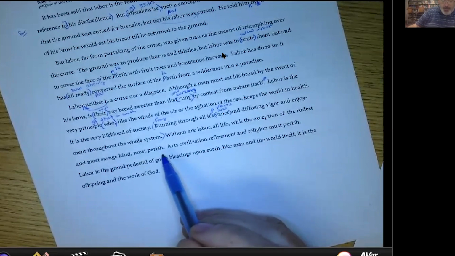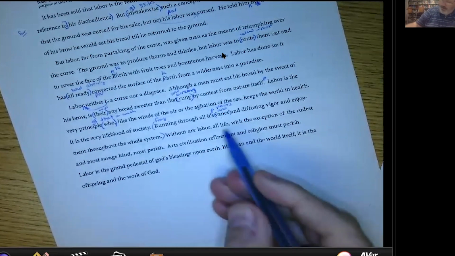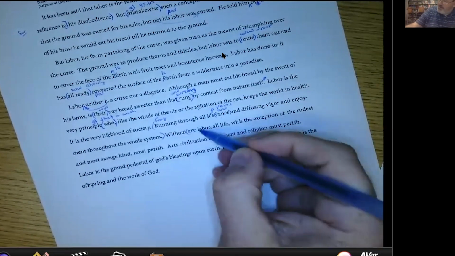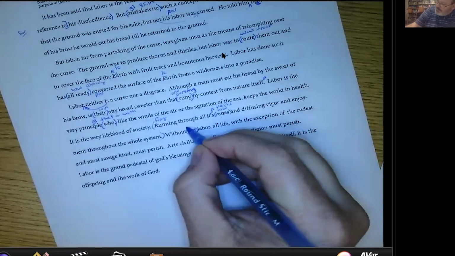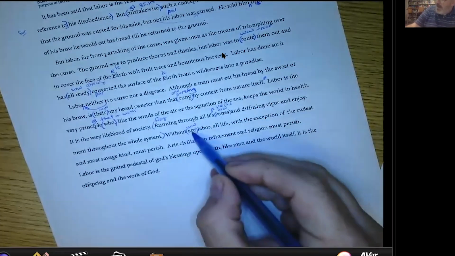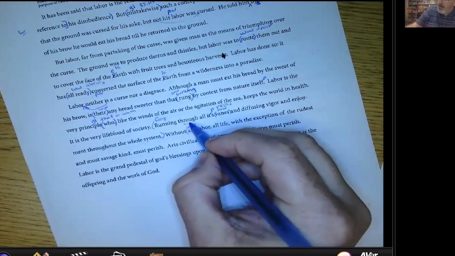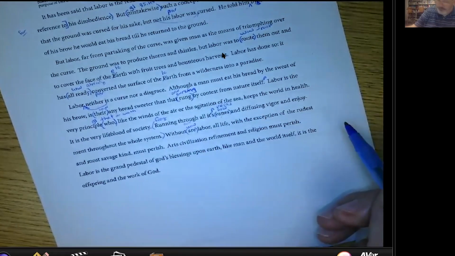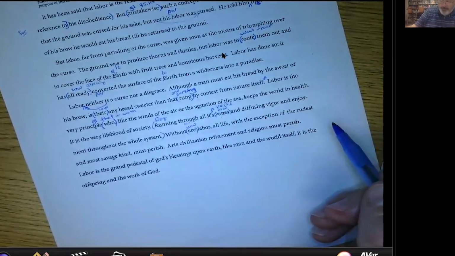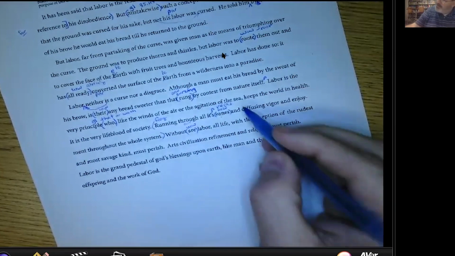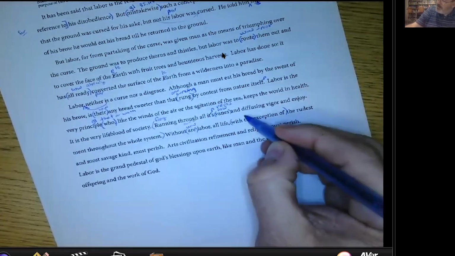Okay. Without our labor, that's the wrong word. It's even hard to see what you meant, because our, that's O-U-R. Without our labor, not our labor. All life, with the exception of, that's wordy.